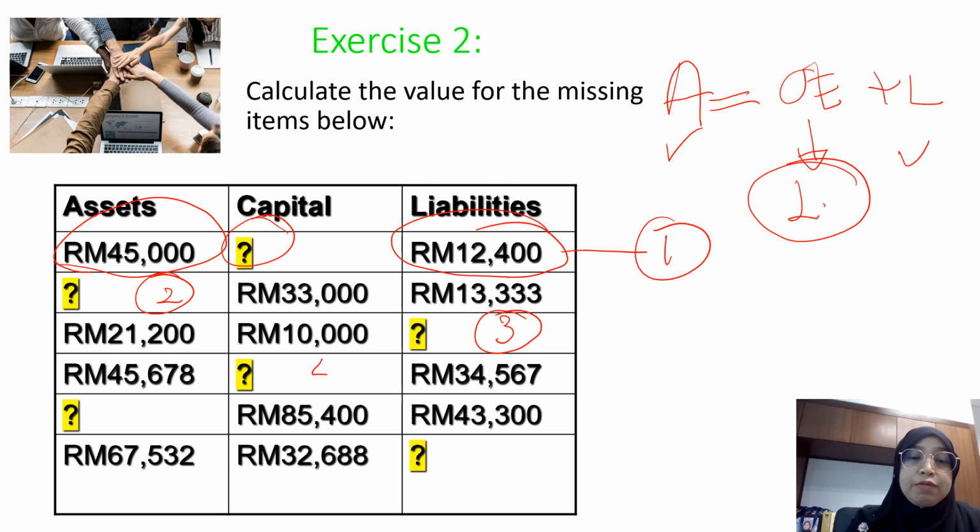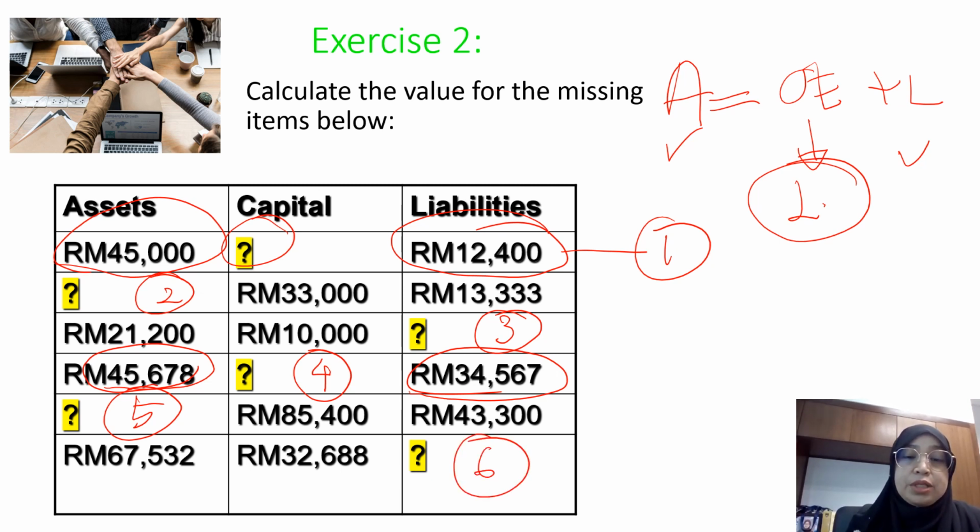And then missing figure number 4, asset 45,678 minus 34,567. And then missing figure number 5, capital plus liability, you will get the figure. Missing figure number 6, assets minus capital, you will get missing figure number 6.